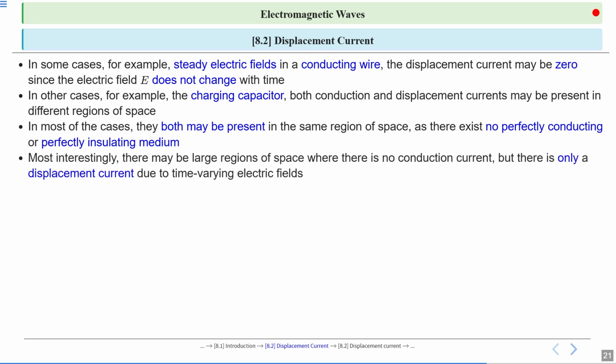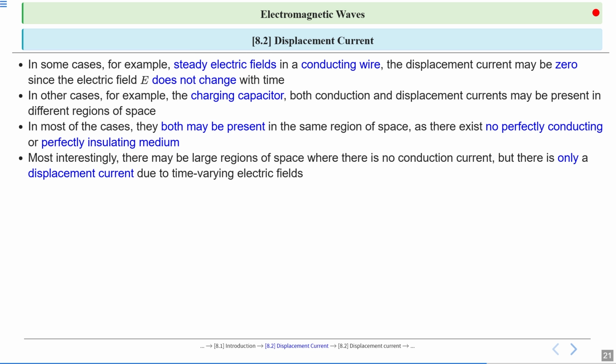Most interestingly, there may be large regions of space where there is no conduction current, but only a displacement current due to a time varying electric field. In the case of electromagnetic waves also, only a time varying electric field is there, due to which a magnetic field will be there, due to which displacement current will be there.